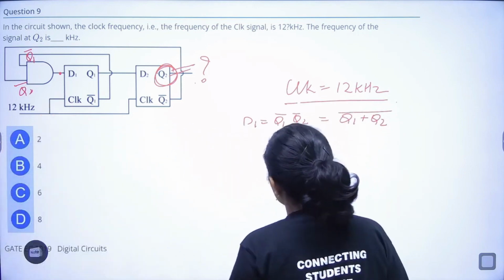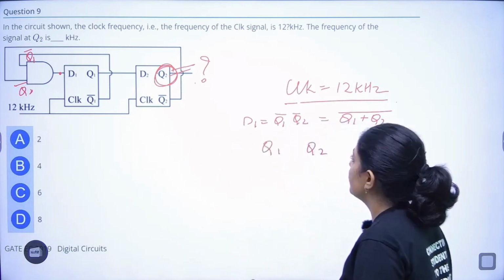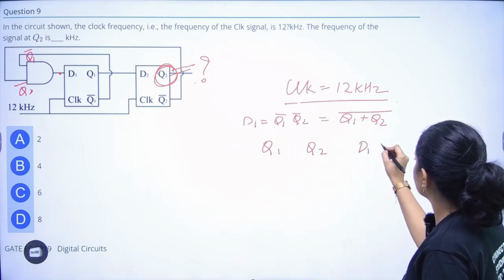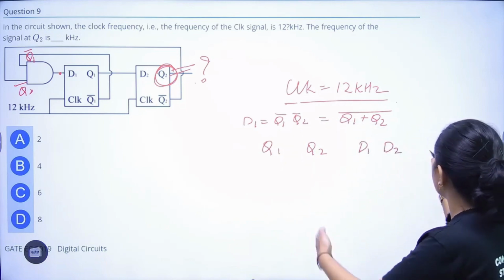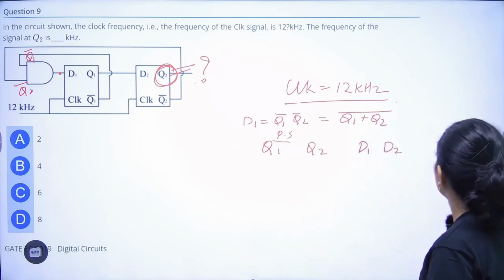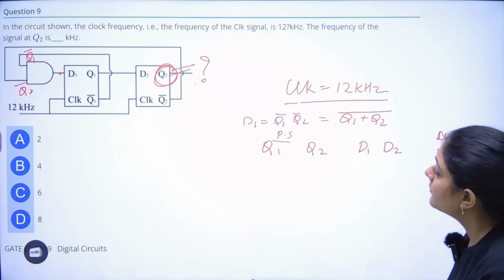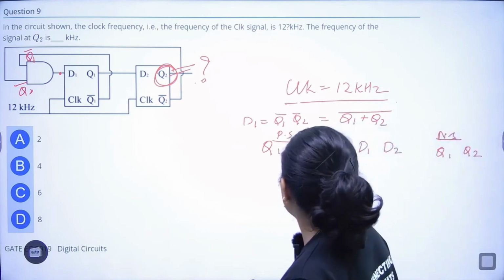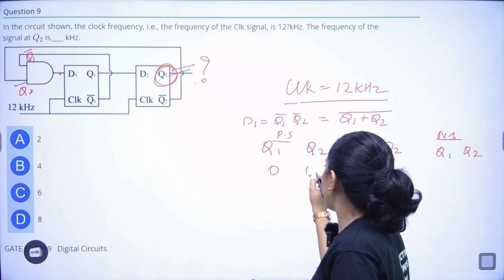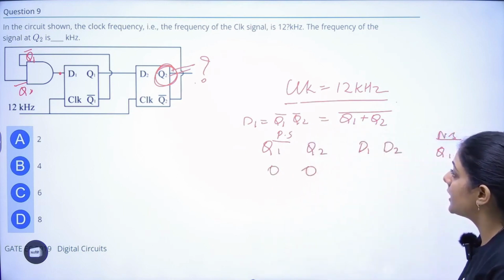Let's just draw this table: Q1, Q2, D1, D2. These are the previous states, and these are the next states, Q1, Q2. Previously, let's start from a reset mode, like it was 0 and 0.